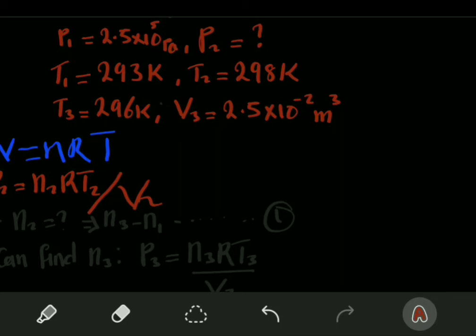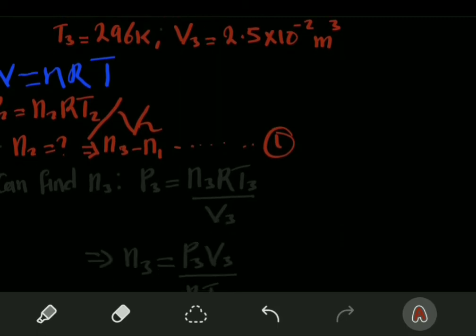Now remember, in the first place we said that N1 plus N2 is going to give us N3, implying that to find N2 we simply subtract N1 from N3, meaning N2 equals N3 minus N1. We can consider this as our equation 1. So N3 and N1 can be obtained easily. We simply manipulate the same ideal gas law for each of these.